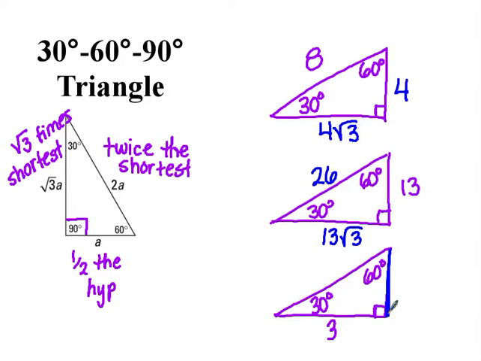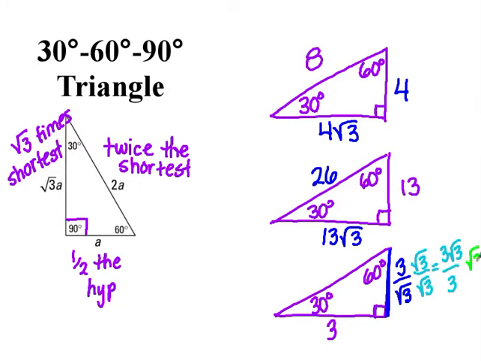Now, if I want to undo that and go backwards, I'm going to divide it by root 3. So it'd really be 3 divided by root 3. But you can't have a root in the denominator. So times root 3 over root 3, which is 3 root 3 over 3, which is just root 3.